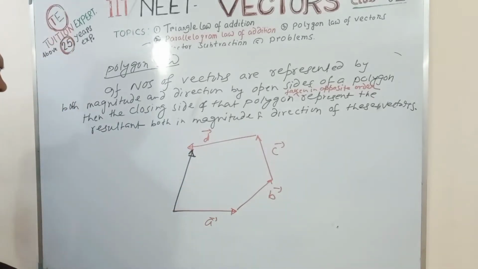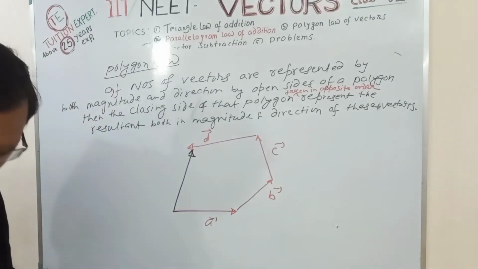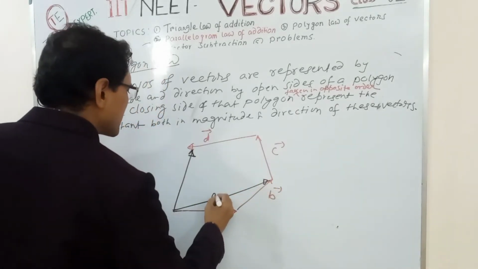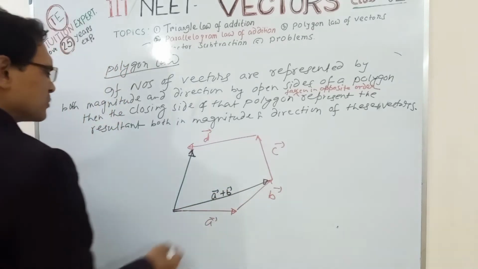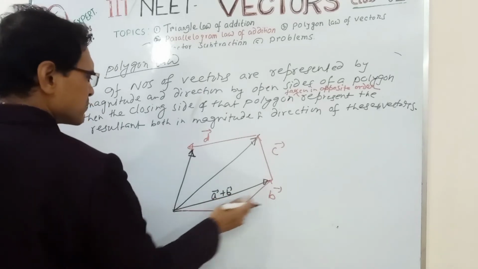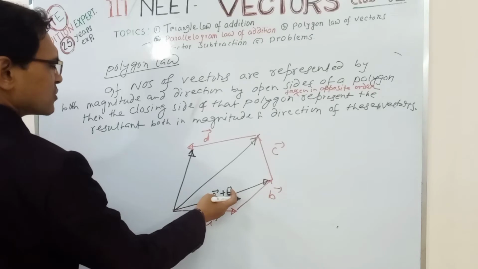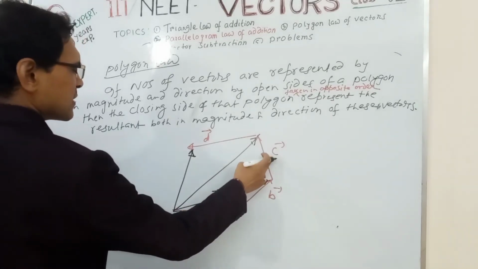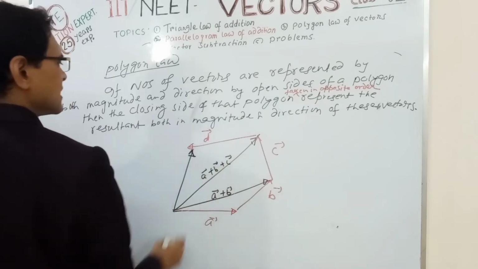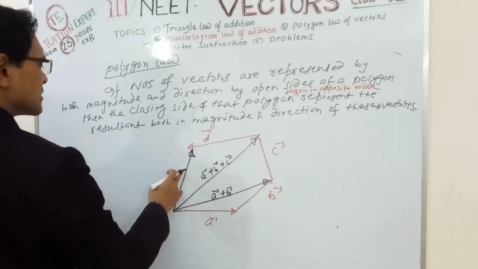So we apply the triangle law here. If we construct this, then this will be A plus B. And if we construct this, because this is the law of triangle, A and B are taken in the same order, this is the opposite order. Now these and these are in the same order, and this is the opposite order. So by the law of triangle, this plus this represents this.